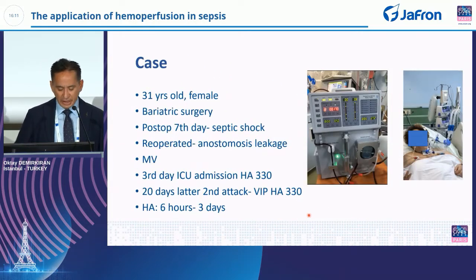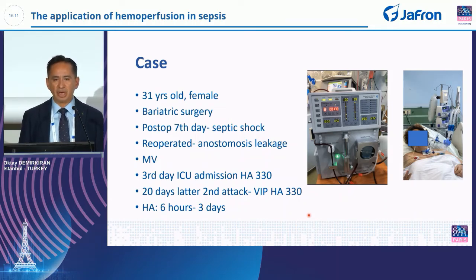This is one of our cases, a 31-year-old female. She had bariatric surgery. On the postoperative 7th day, she had septic shock due to a surgical problem. There was source control with reoperation, and we saw that there was a leakage.